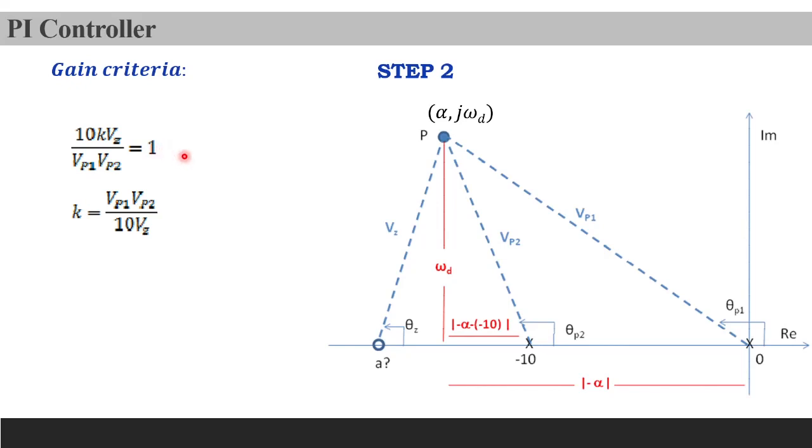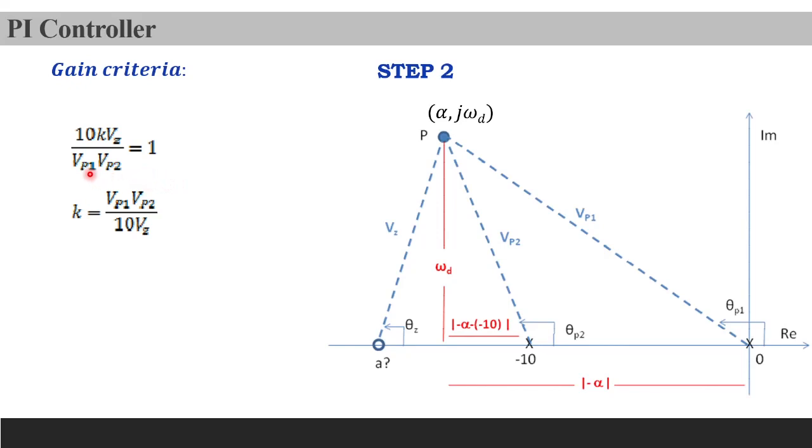So you can always check how we arrive at this gain criteria. Take your time to revisit the lecture and find out how this came through from your gain criteria. We have discussed all the derivation part there.